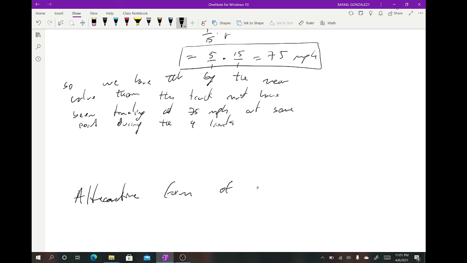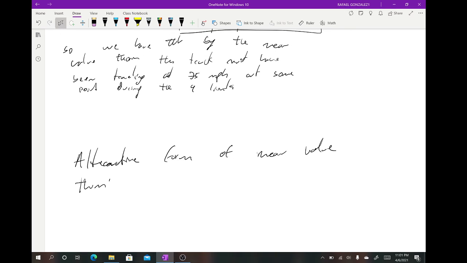Anyway, there's actually an alternative form of the mean value theorem, which I wanted to show you, which is sometimes very useful. And I'll actually show you how you get it. So the mean value theorem, I'm not going to write down the whole statement, says this. The derivative evaluated at c is equal to f of b minus f of a divided by b minus a.